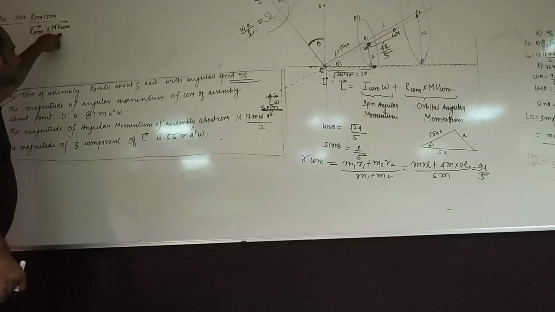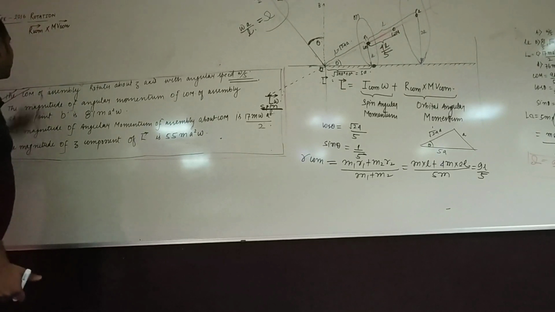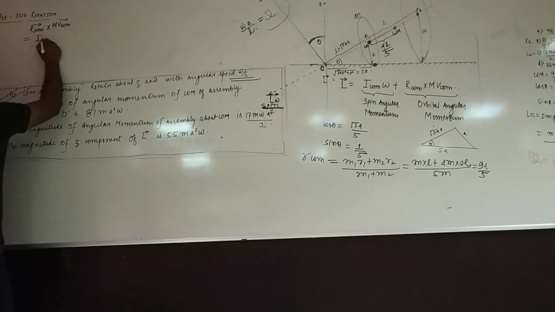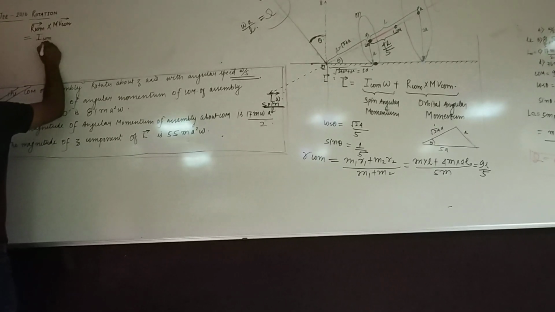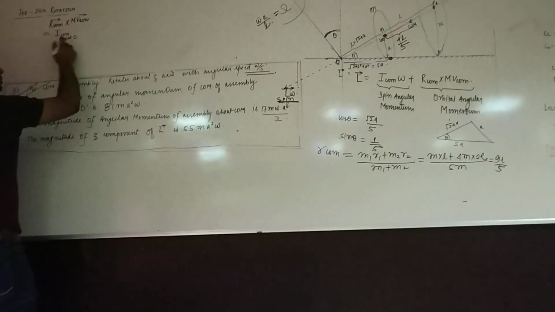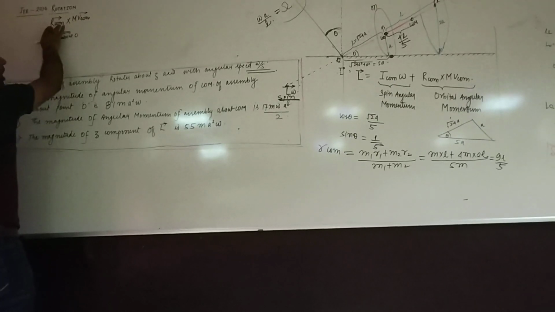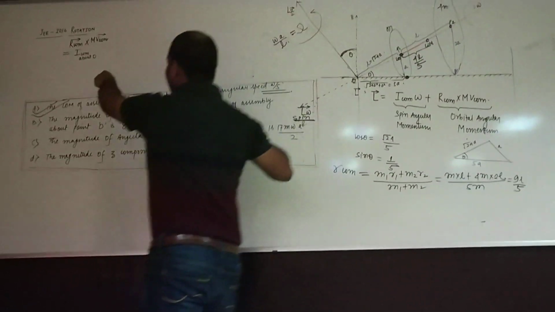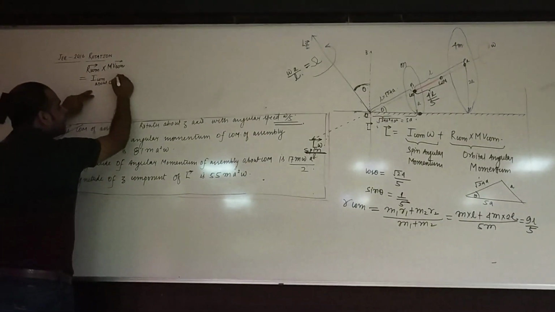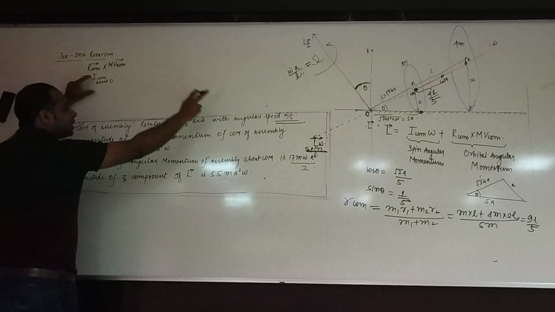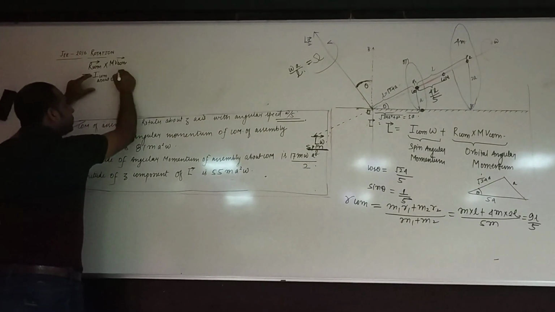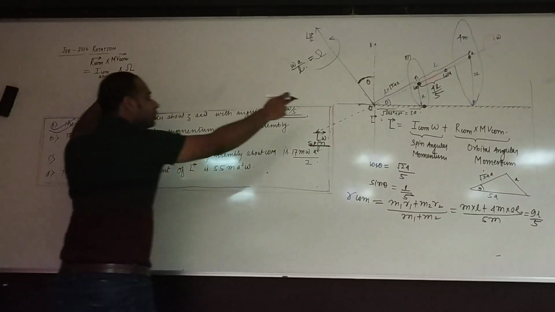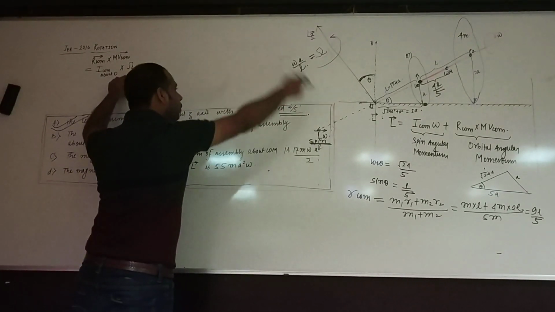V center of mass can be written as omega R. So this can be reduced to the form I center of mass about O, because R center of mass is taken from this point. The angular momentum is I center of mass about O multiplied by omega, where this omega is the angular velocity of center of mass about O.